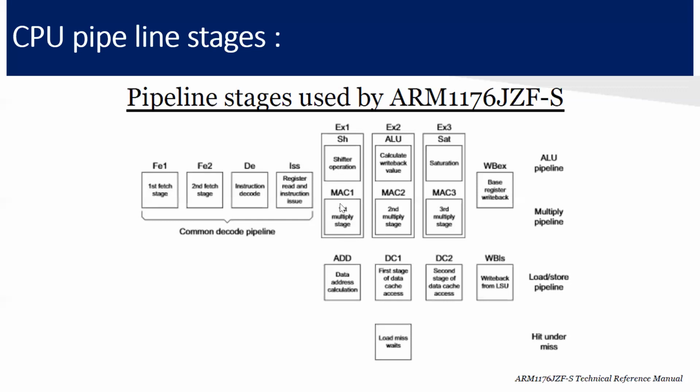And as you can observe here, MAC 1, MAC 2 and MAC 3. So these three stages are there. The meaning of MAC is multiply and accumulate. Multiply and accumulate means a number of multiplications have to be calculated and they are added together. Such operations are generally used in this type of processing.